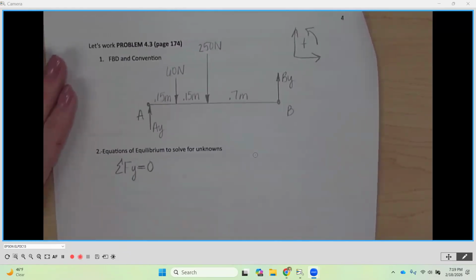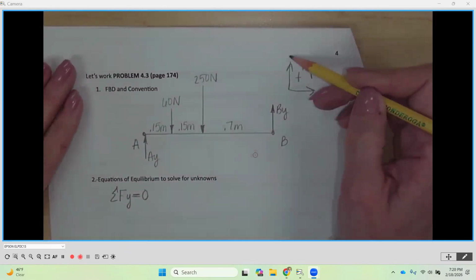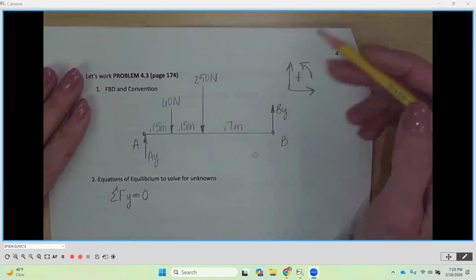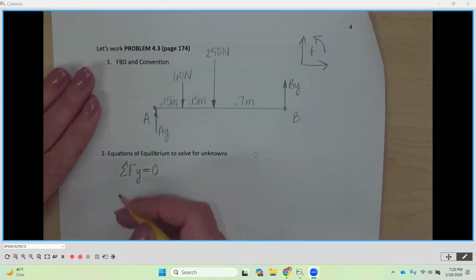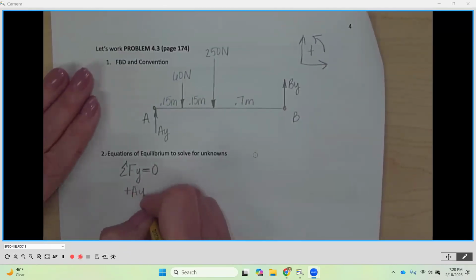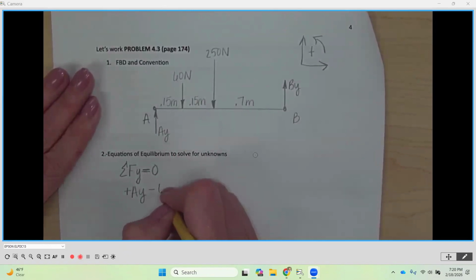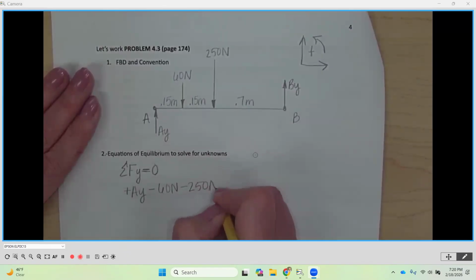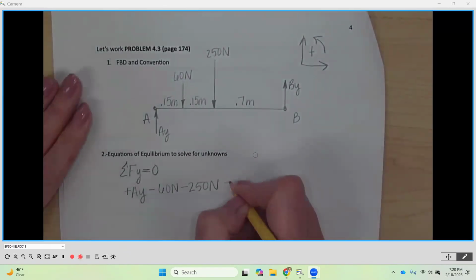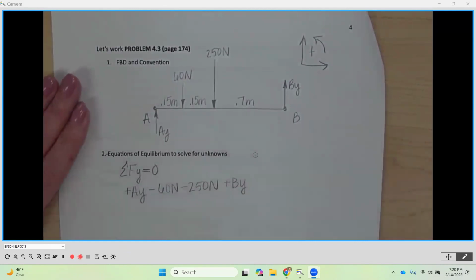So when I'm in sum of the forces in the y mode, I am only looking at the vertical, pointing up or pointing down. So AY pointing up, so that's going to be a positive AY. 60 newtons pointing down, minus 60 newtons, minus 250 newtons, and then plus BY. So again, that is purely, am I up or am I down? And then I'm going to set this equal to 0.